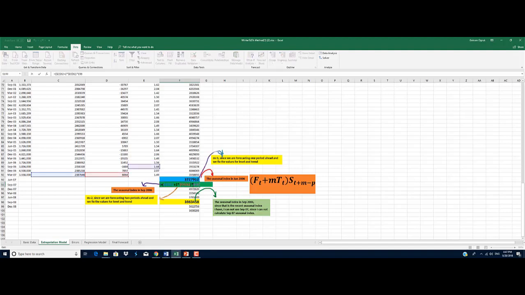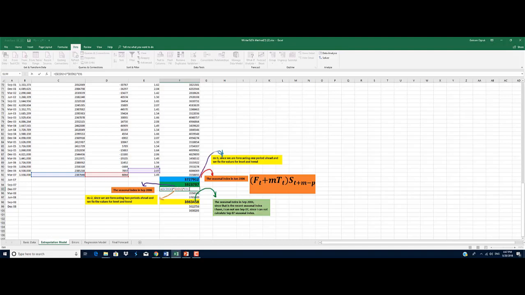Let's see here. Now we want to forecast September 2007. So I'm going to use the seasonal index of September 2006. I'm still using the level forecast of March 2007 and trend forecast of March 2007. And here I use M as 2 because now we are forecasting 2 periods ahead.